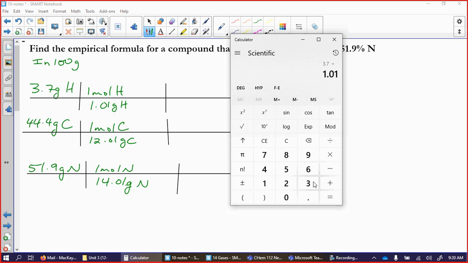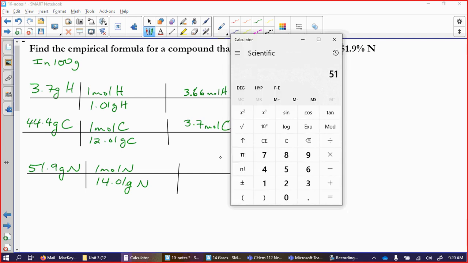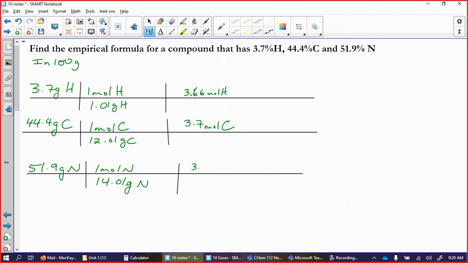3.7 divided by 1.01 is 3.66. I really got to pick more exciting examples.